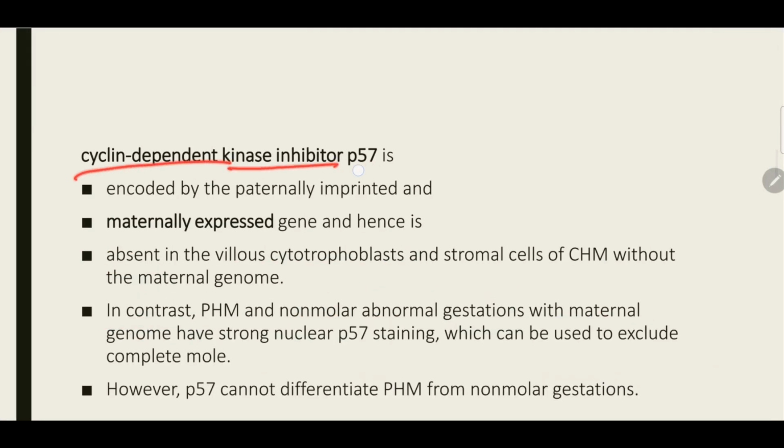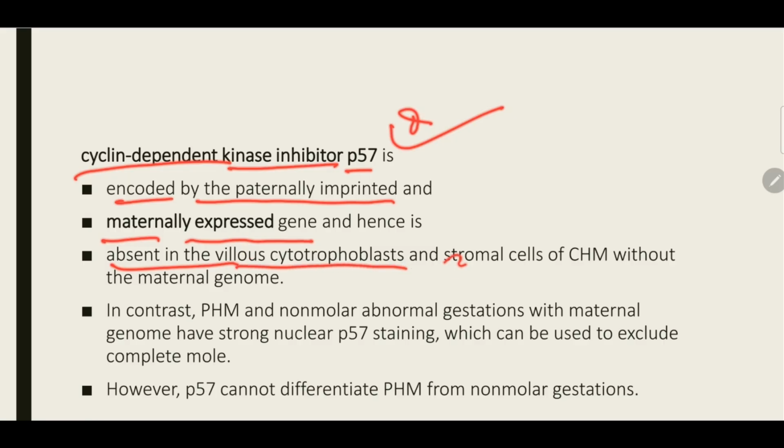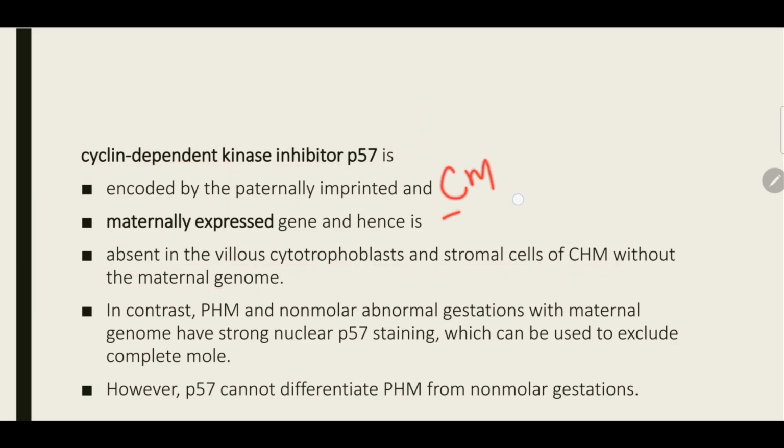Cyclin-dependent kinase inhibitor p57 is encoded by a paternally imprinted and maternally expressed gene, hence it is absent in the villous cytotrophoblast and stromal cells of complete mole, which lacks the maternal genome. So in complete mole there will be no p57.